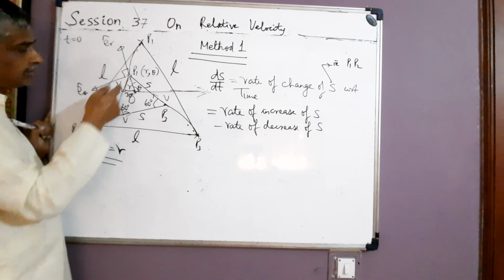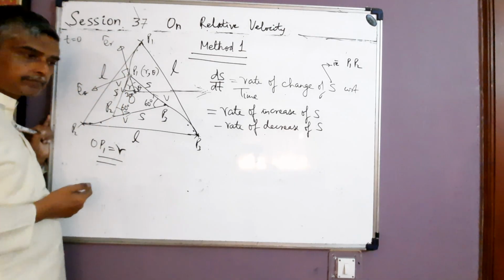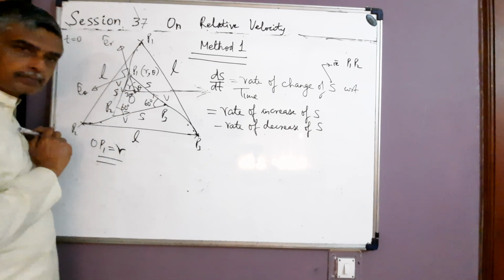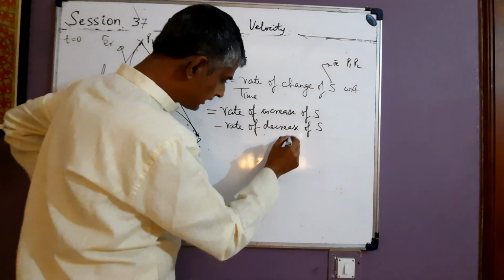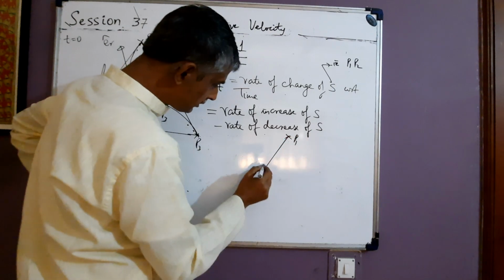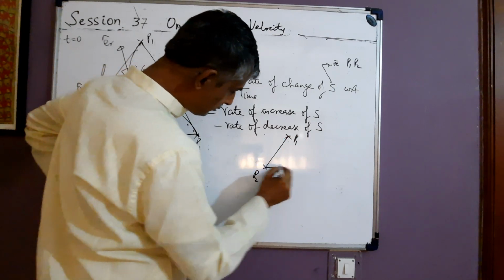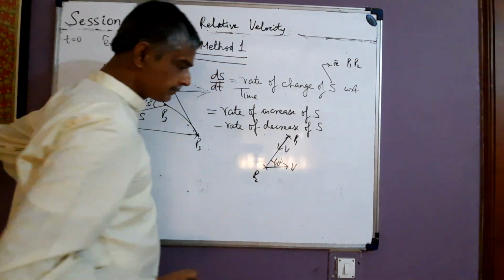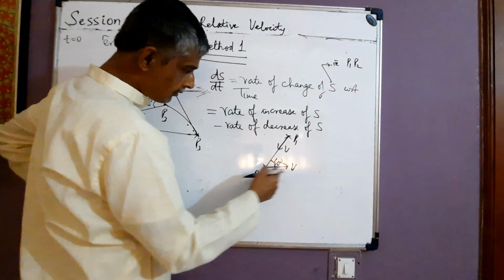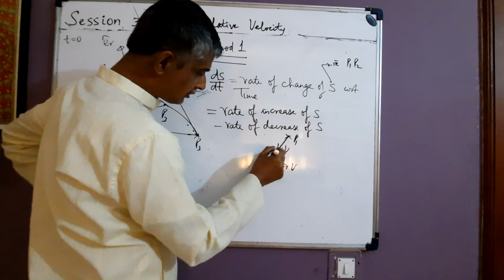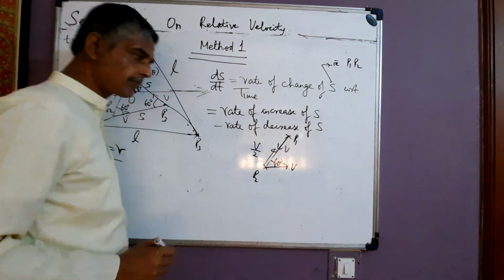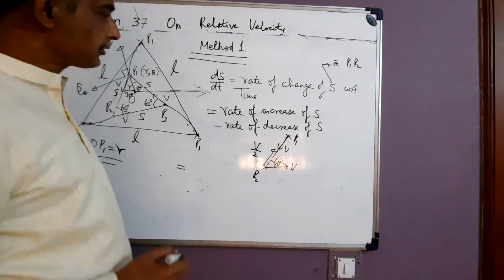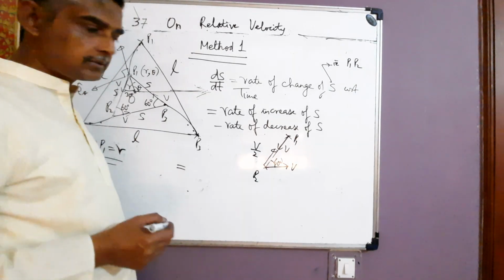Now velocity of P1 is v, that is along this line itself. Velocity of P2 is v. Component of v along this line is v cos 60 degrees. So I draw this line here. This is P1, this is P2. P2 is moving like this with v at a 60 degree angle, and P1 is moving v along this line. Component of this v along this line is v cos 60 degrees, that is v by 2. Now see, ds by dt is rate of increase of s minus rate of decrease of s.